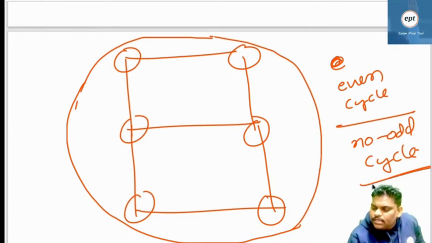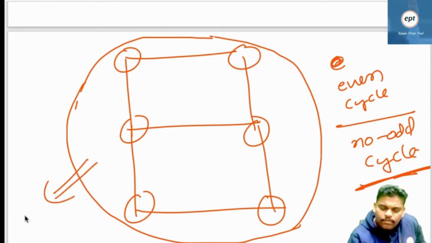No odd cycle. See, no odd cycle. Remember, a graph which doesn't have an odd cycle is a bipartite graph.